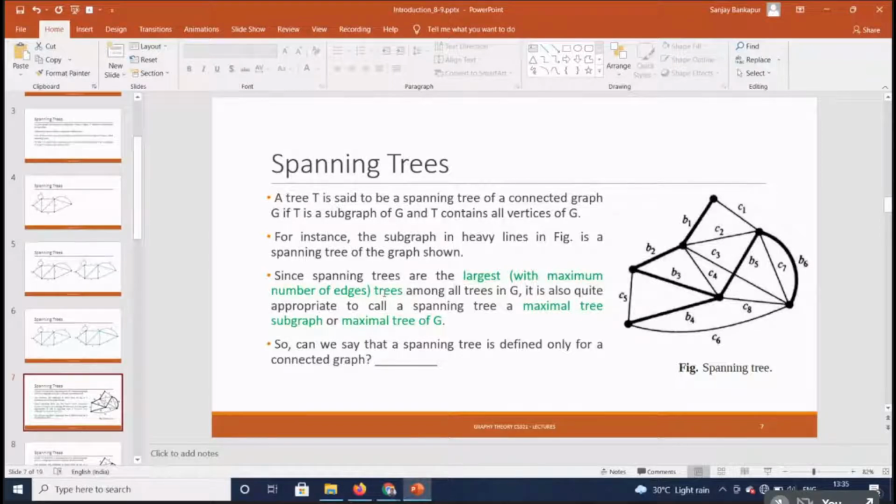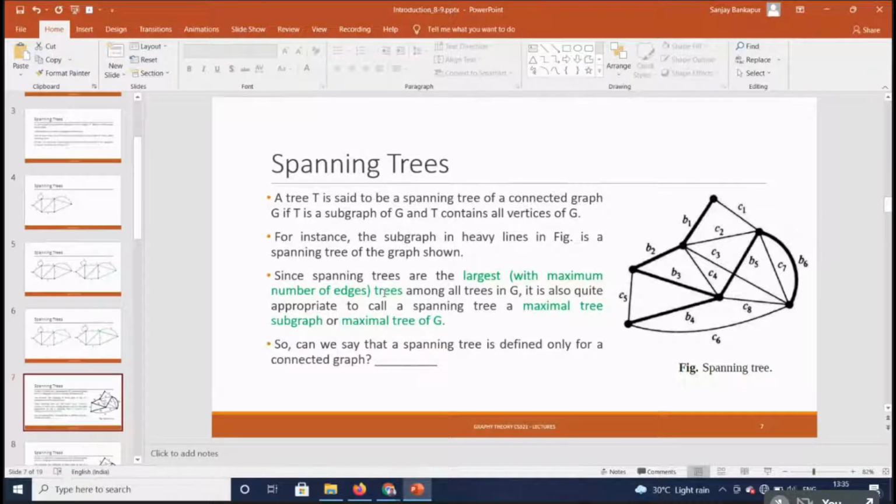We'll continue. In this example, there are 14 edges and 7 vertices. Among these edges, a few are named B1, B2, B3, B4, B5, B6, and the rest are C1 to C8.